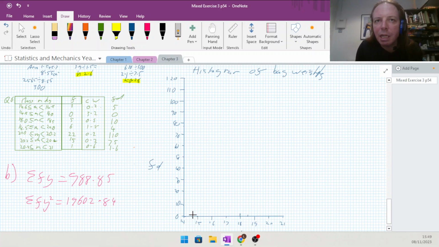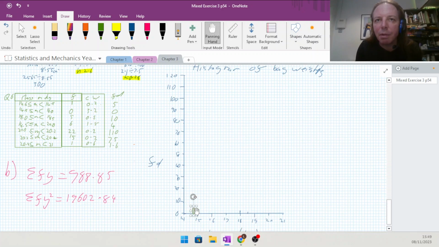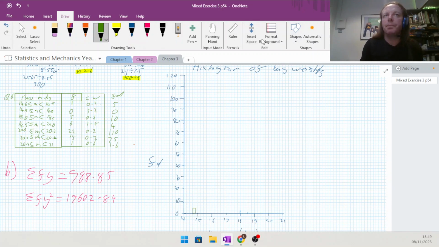It's there, and we're coming up 2 boxes on that one. The next one is going to be 0, so we can ignore that. 18 to 18.5 comes up to 10.